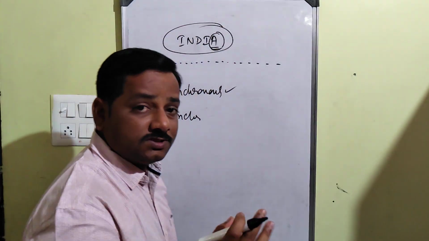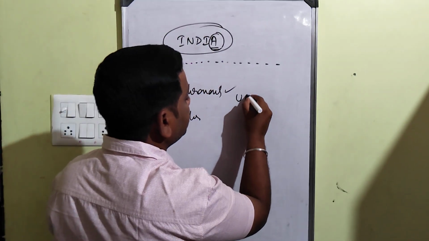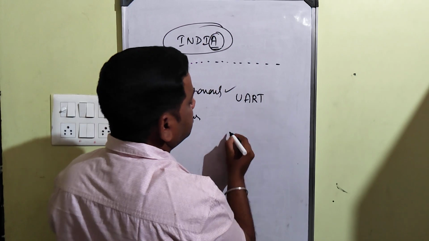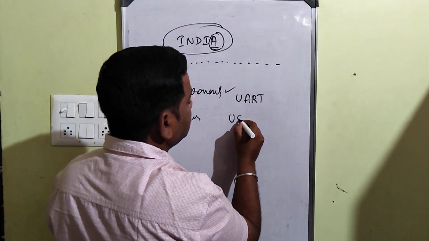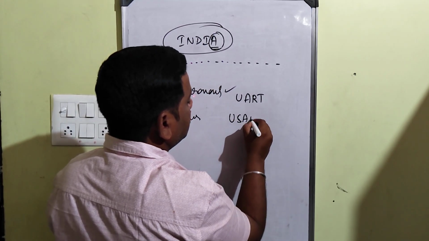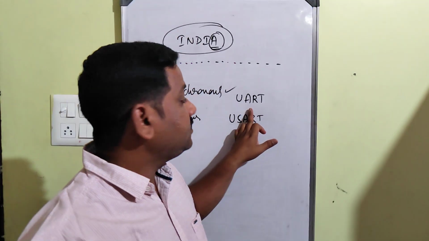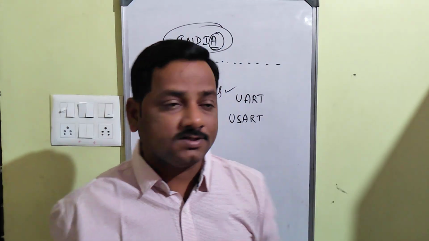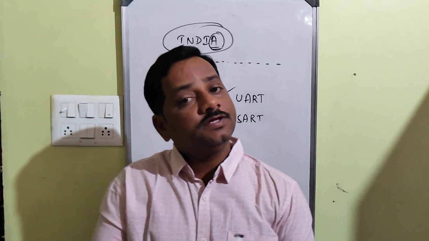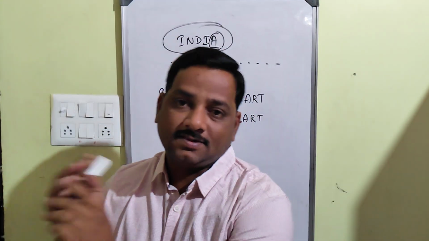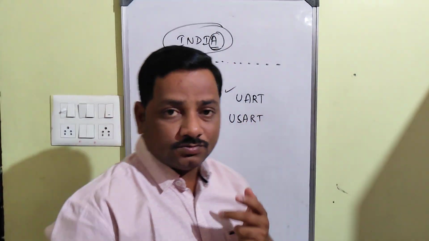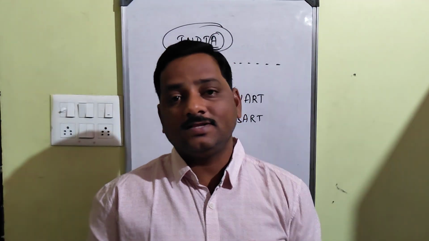again in the market there are readily available chips. Those chips are named UART and USART. UART stands for Universal Asynchronous Receiver Transmitter, and USART stands for Universal Synchronous Asynchronous Receiver Transmitter. We have these two chips in microcontroller 8051.